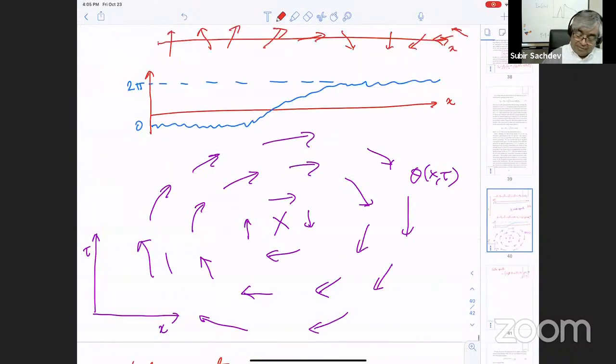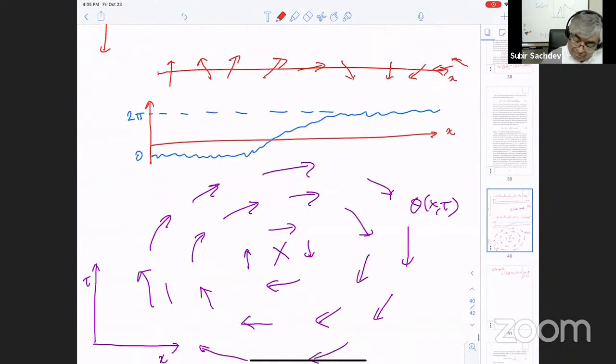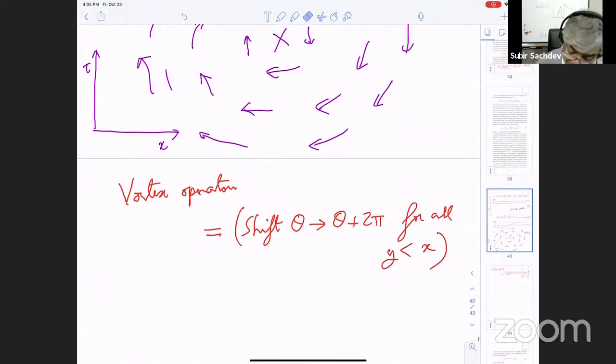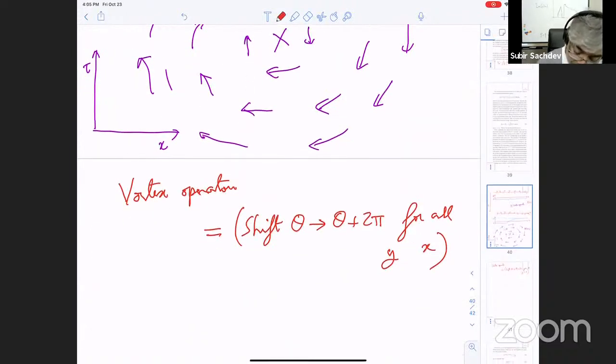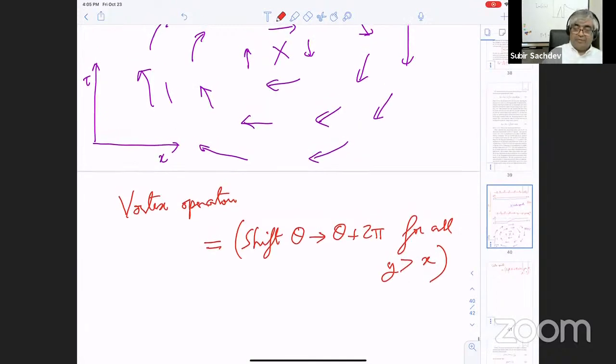So that would be, well, okay, this is for y greater than x. So if you want y greater than x, I'll write y greater than x. But this is exactly the kind of operator we met last time, where we were shifting phi to get a density, and here you're just shifting theta.